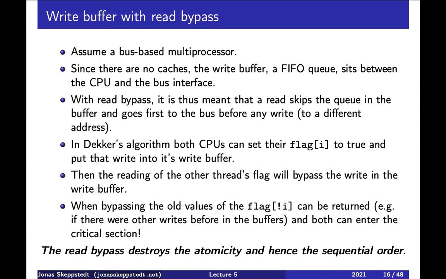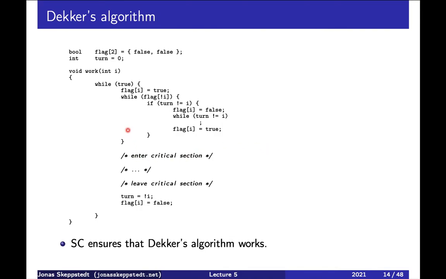Then what can happen? Well, what we basically do is swap these lines, still maintaining the while syntax of course. So we read the other thread's flag and then write our own. That means both can read false for the other and both can enter the critical section. So it doesn't work.